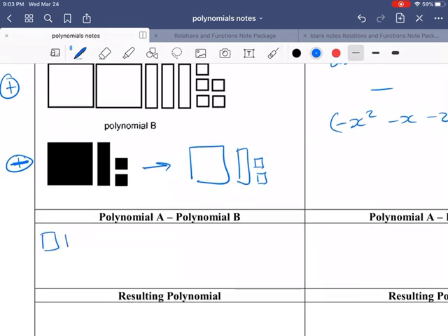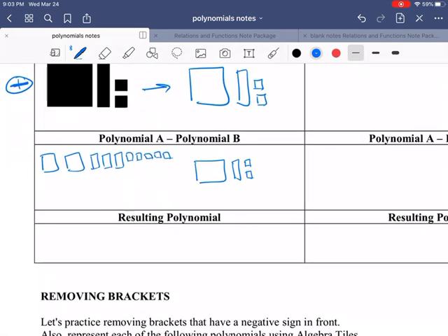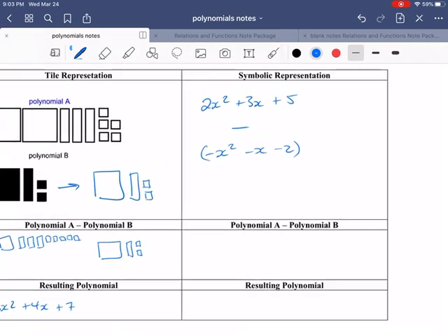So if we draw out our initial set of algebra tiles, and we add to it our newly flipped set of algebra tiles, what's our total? Well, we have 3x squared plus 4x plus 7.